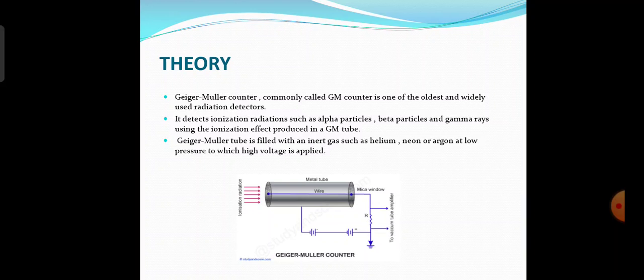In general, the GM counter is a detector of ionizing particles produced due to ionization by a high energy particle passing through the gas. Here the number of counts per unit time recorded by the counting device is a function of electrode voltage.